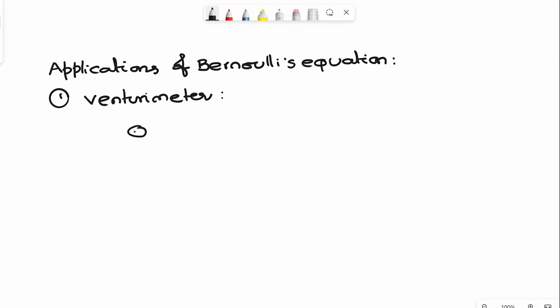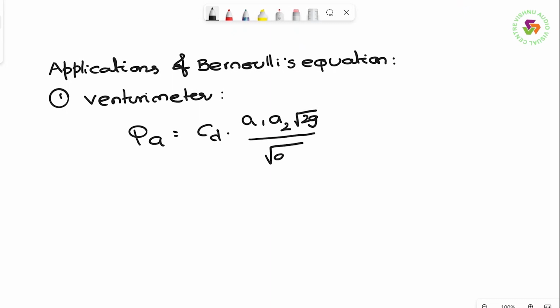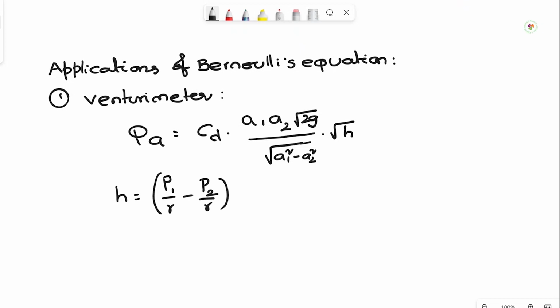You all know that the Venturi meter equation is Q = CD A1 A2 root 2g divided by root of A1 square minus A2 square, into root H. If the Venturi meter is fixed in a horizontal pipe, then H is equal to P1 by gamma minus P2 by gamma, as datum head does not come into picture if the Venturi meter is fixed in a horizontal pipeline.